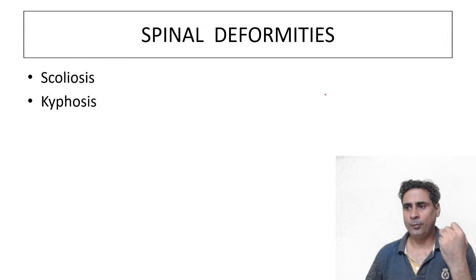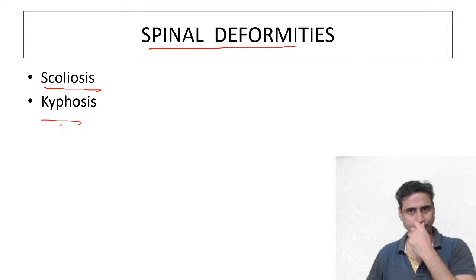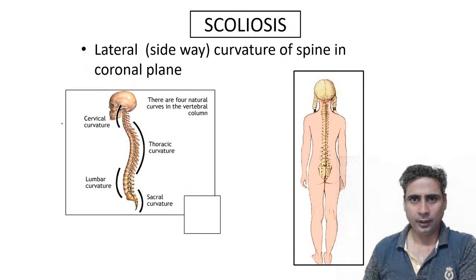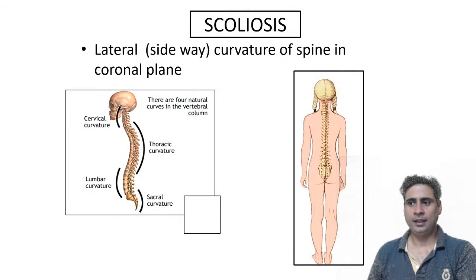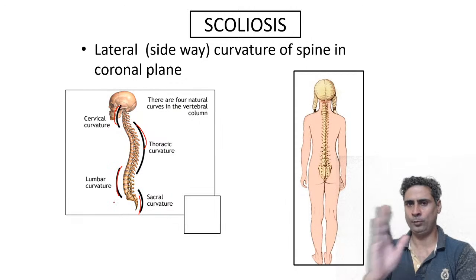Now we will discuss important spinal deformities, scoliosis and kyphosis. Normally in the spine there are curves only in the sagittal, antero-posterior direction.